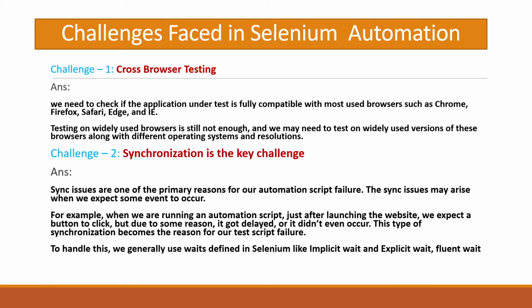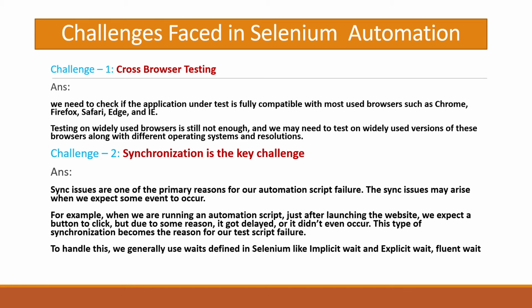We have to identify which method or which wait condition we can use to resolve this issue on some other browser, or in the same browser also. Due to these sync issues many scripts are failing.